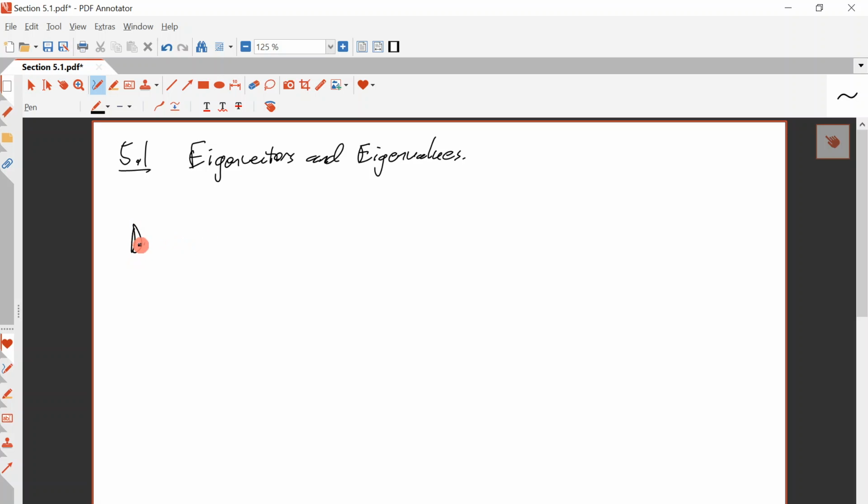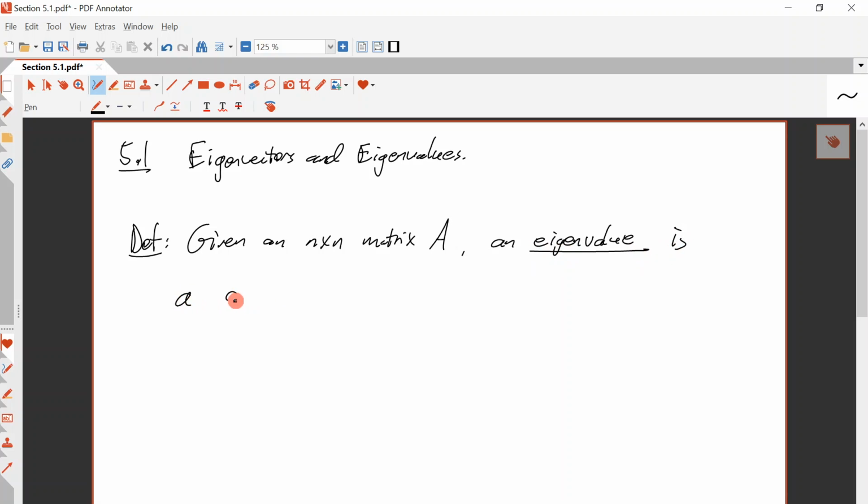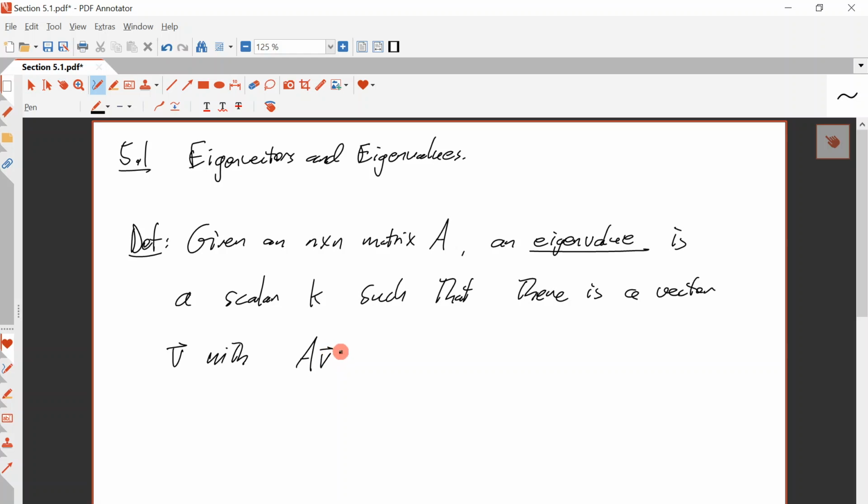Definition. Given an n by n matrix A, an eigenvalue is a scalar k such that there is a vector v with A times v equal to k times v.